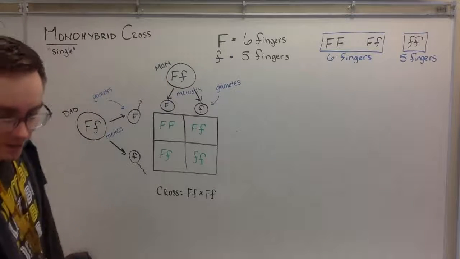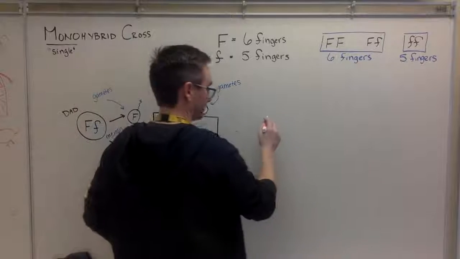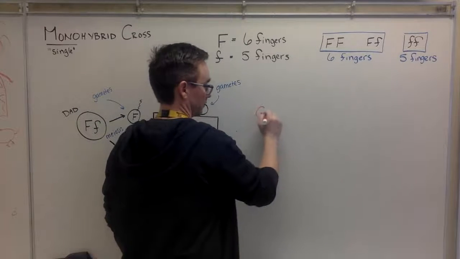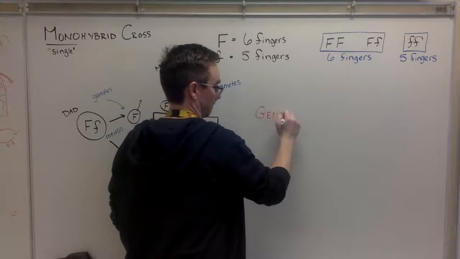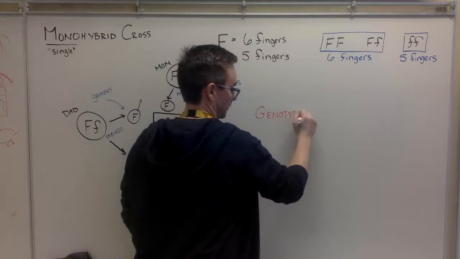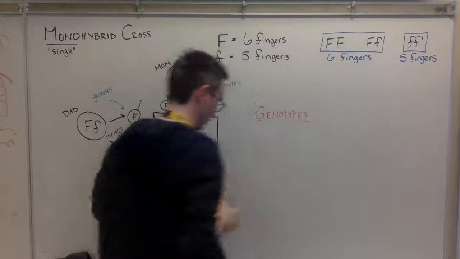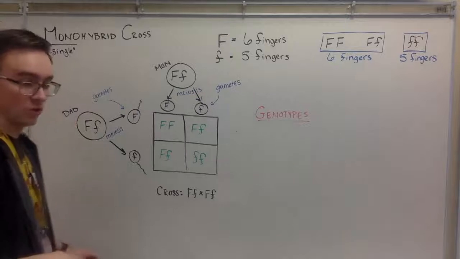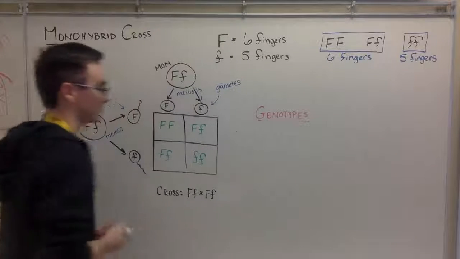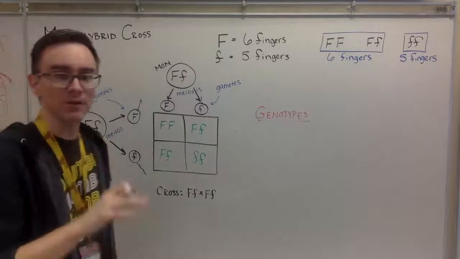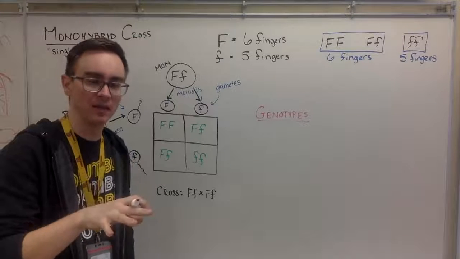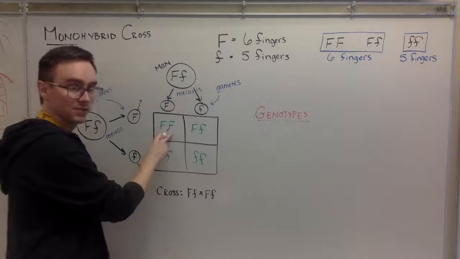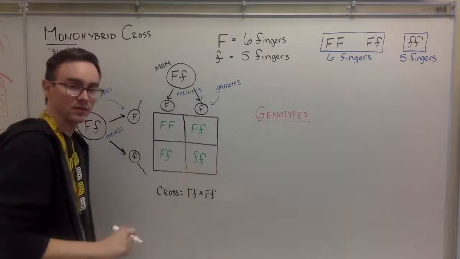Out of all the possible genotypes, I'm just looking at the genotypes here, seeing which ones could possibly have been made. We always list these from the most dominant, two dominant alleles, to the most recessive, two recessive.